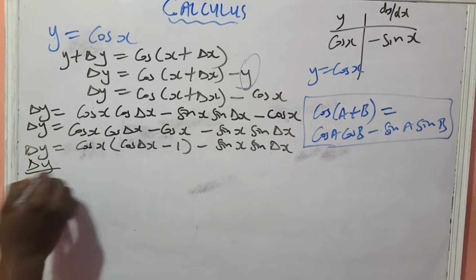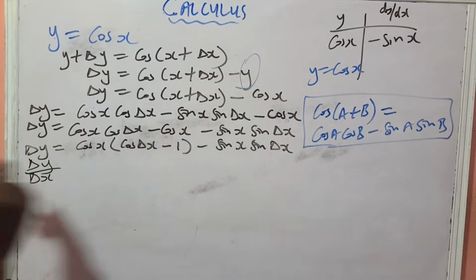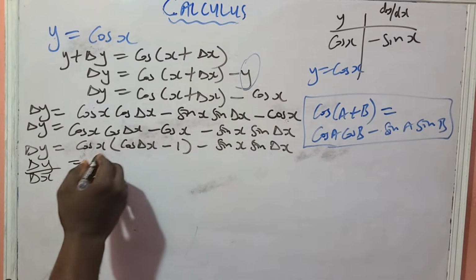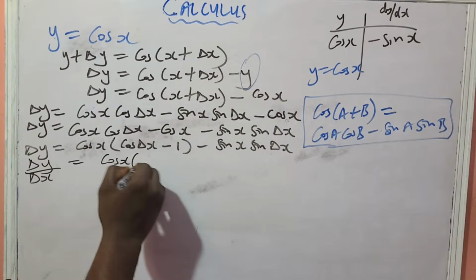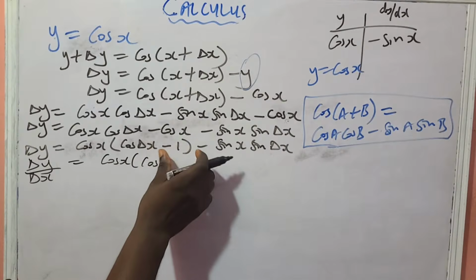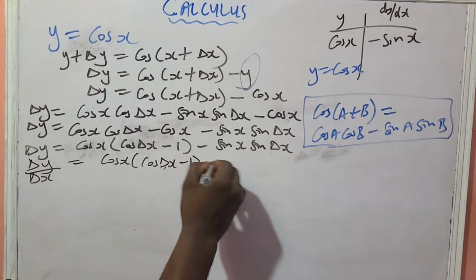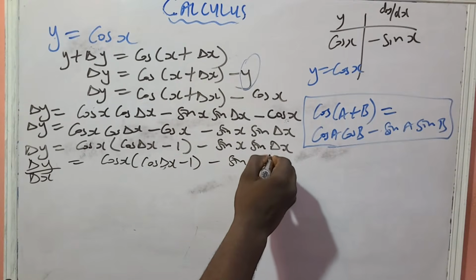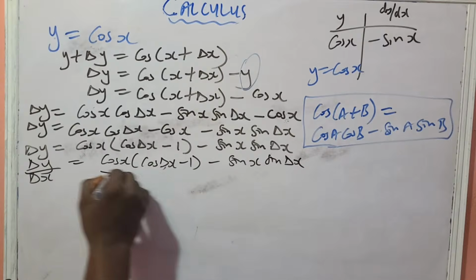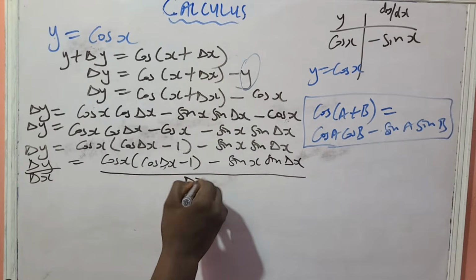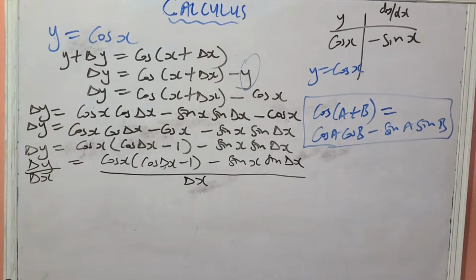So change in y over change in x, that's the left hand side, is equal to all this: cos x, cos change in x minus 1, minus sine x sine change in x, everything over change in x. That's step number 3.